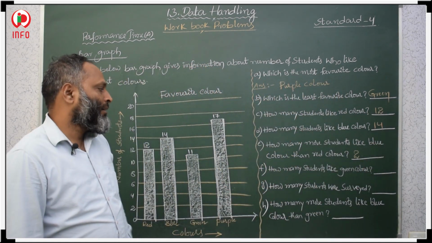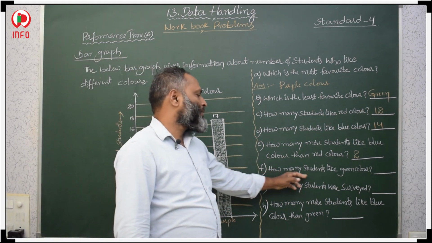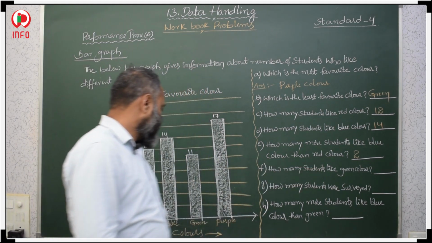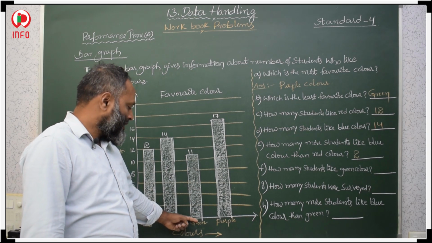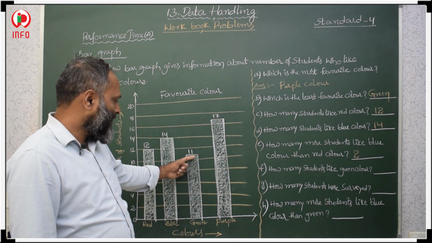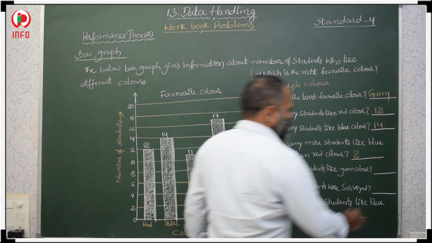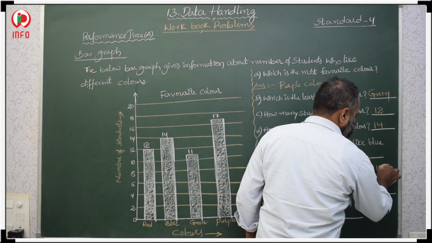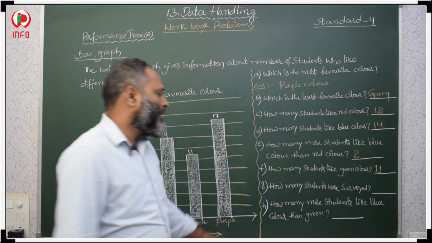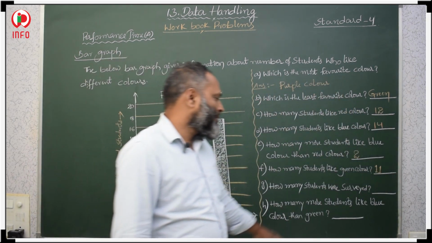Next, how many students like green color? Here we have the green color. 11 students like green color. Then, how many students were surveyed?